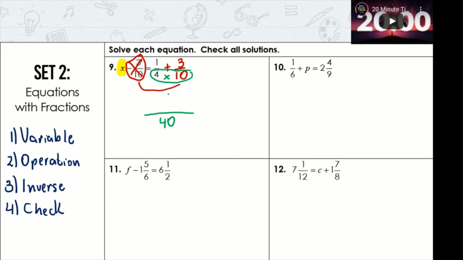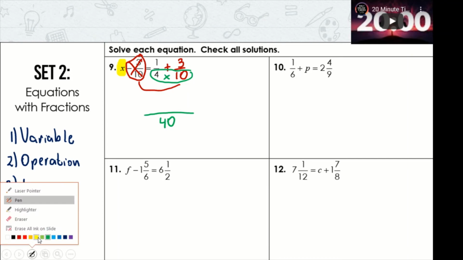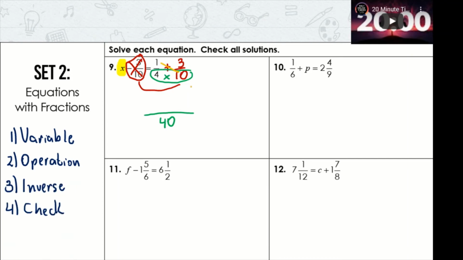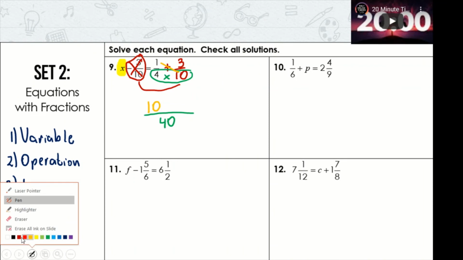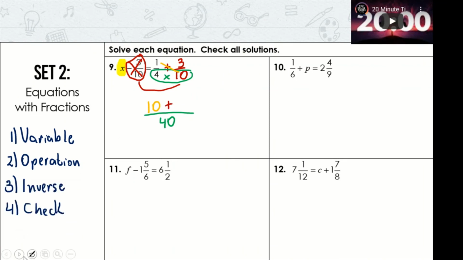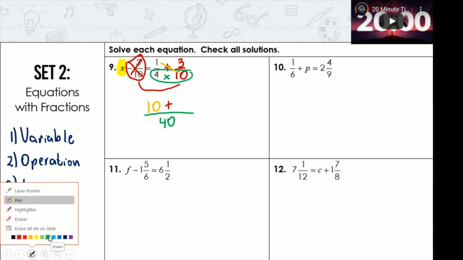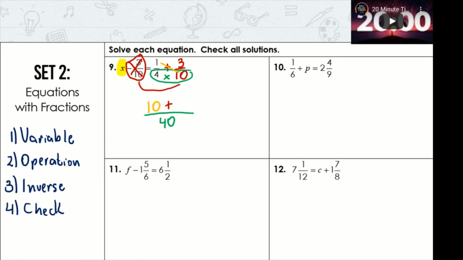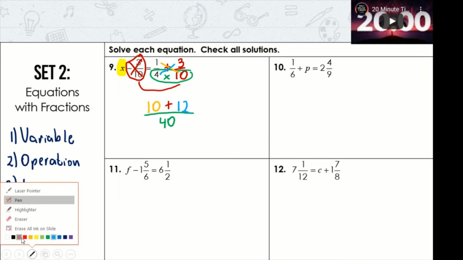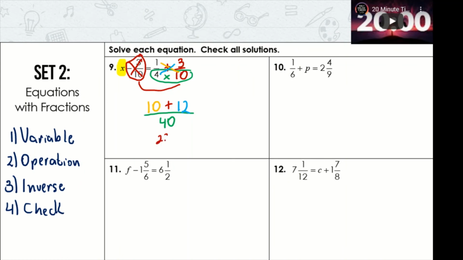And cross multiply 1 times 10, it is 10. And plus, keep adding. The other cross multiply 3 times 4, 12. Great. And just add, guys. 10 plus 12 is 22 over 40. Here's my result.